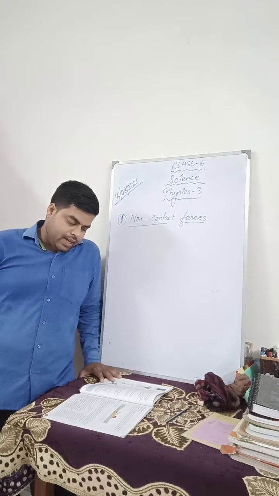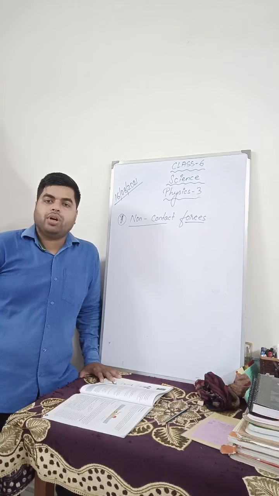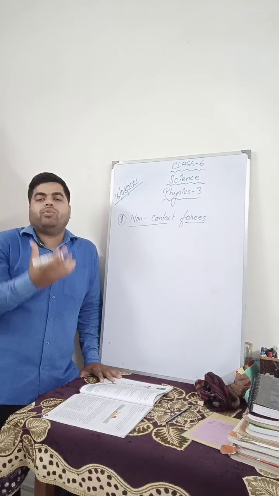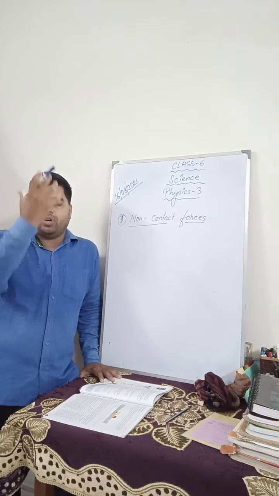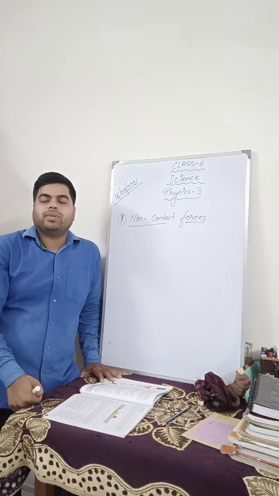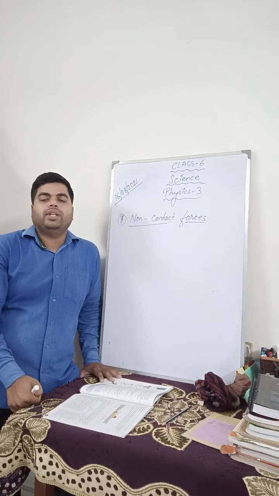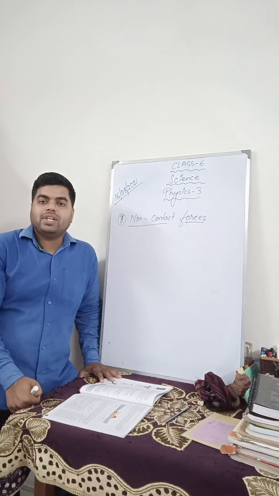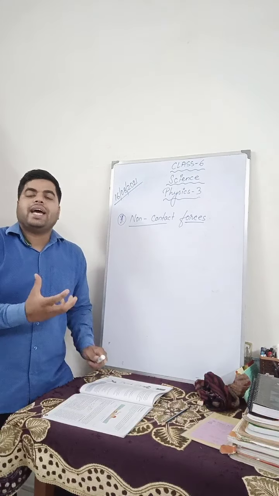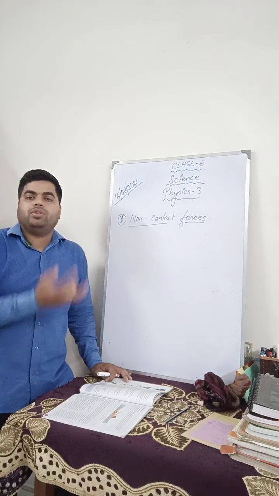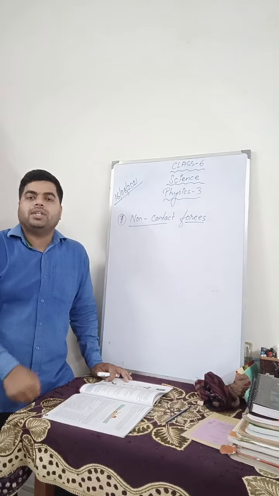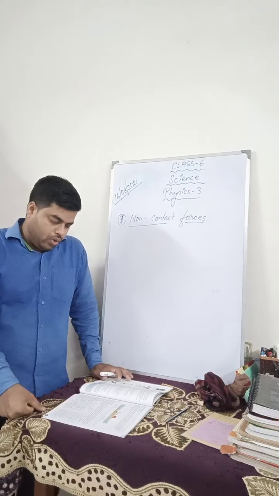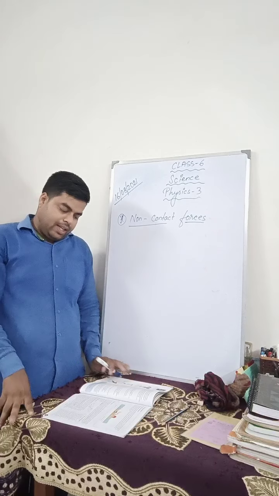But is there any physical contact between earth and the body? When an apple or a fruit or anything is falling from up towards the surface of the earth, is there any physical contact? No, there is no physical contact. But the gravitational force of the earth is acting upon the body and pulling it down. Still there is a force between earth and the body.